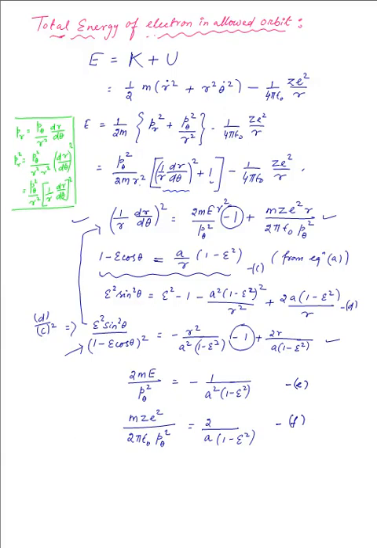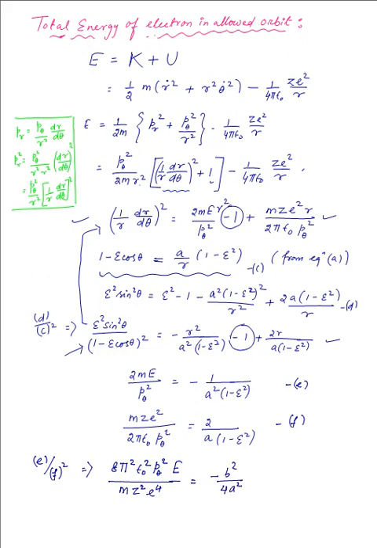So now if I divide equation E by the square of equation F, then on the left hand side I have 8 pi squared epsilon naught squared p theta squared divided by, obviously we have the e term over here, m z squared e to the power 4, and this will be equal to, on the right hand side, minus b squared divided by 4a squared.